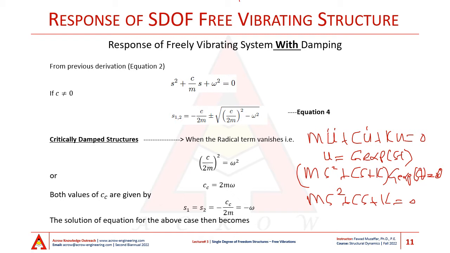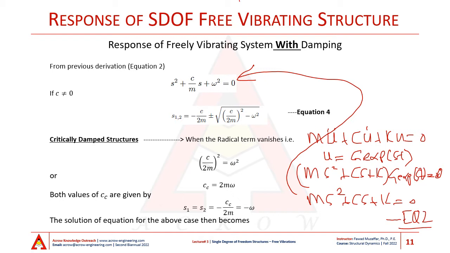This equation was derived on slide number 6, and I labeled it as equation 2. This is the all-important equation that you see appearing again and again for different scenarios of a single degree of freedom system. If we divide both sides of this equation by m, we get the equation that is the first equation on this slide.